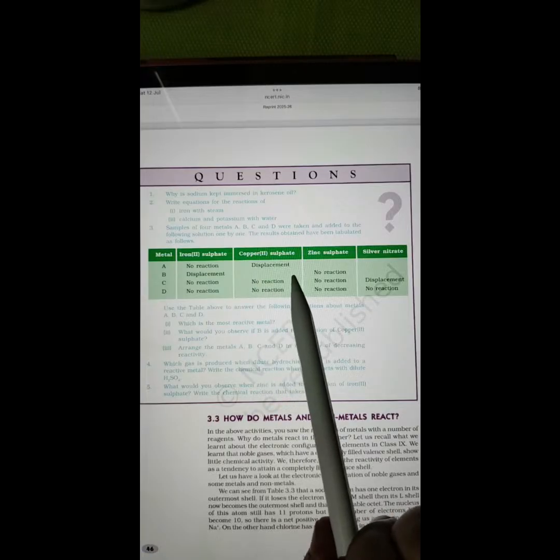Metal C has not given any reaction to iron sulfate, copper sulfate and zinc sulfate, but a displacement reaction to silver nitrate. D has no reaction to iron sulfate, copper sulfate, zinc sulfate, or to silver nitrate. Use the table above to answer the following questions about metals A, B, C, and D.